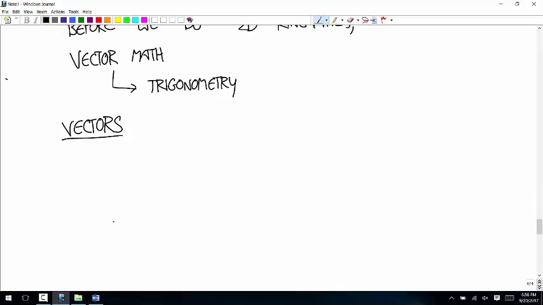So a vector is an arrow, right? That's a vector. And magnitude is given by its length.